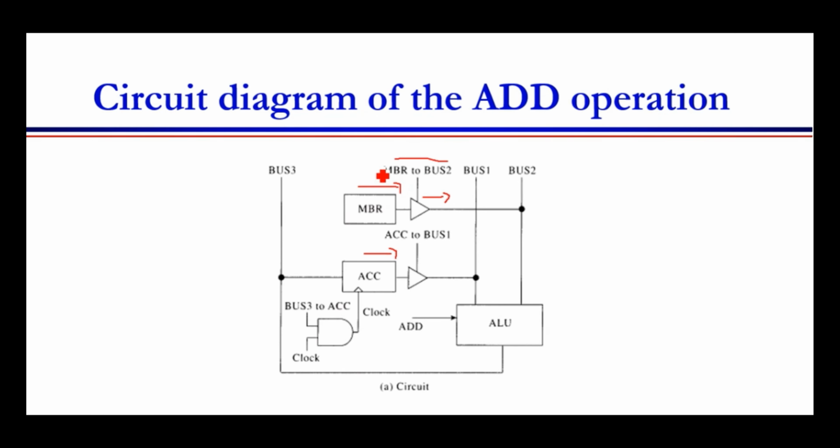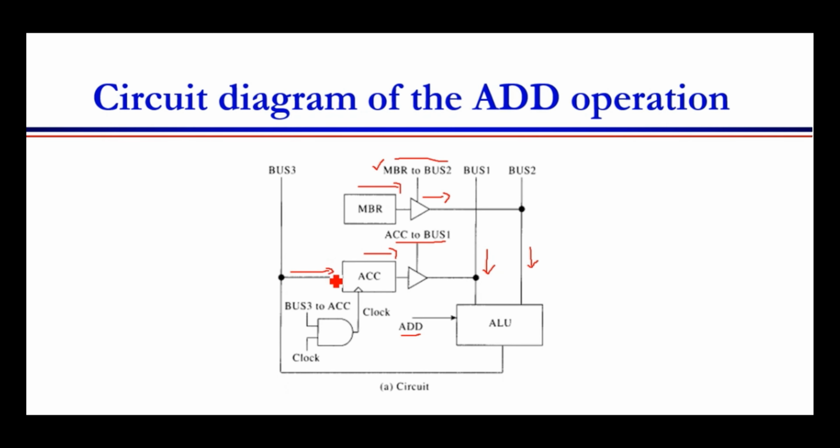Similarly, when control signal accumulator to bus 1 is high, then data from accumulator will be transferred to bus 1. So both data will enter the ALU, arithmetic logic unit. When the third signal, the add signal, is high, both the data will be added, the result will be generated, and this result will then be stored to the accumulator via bus 3.